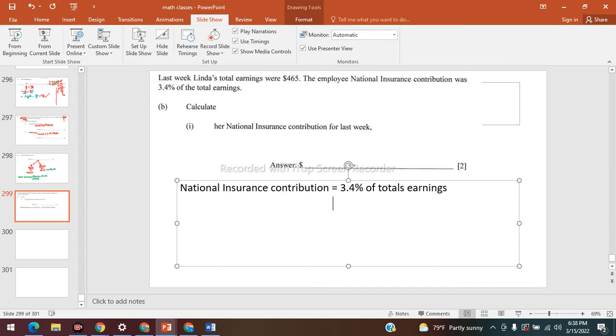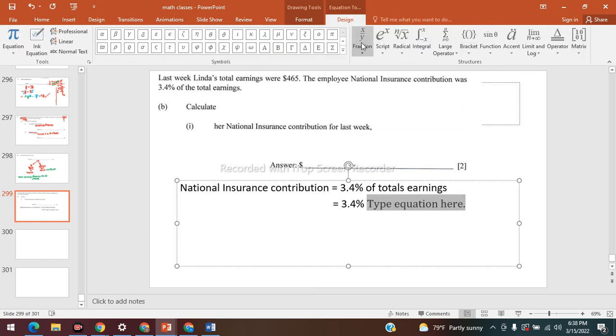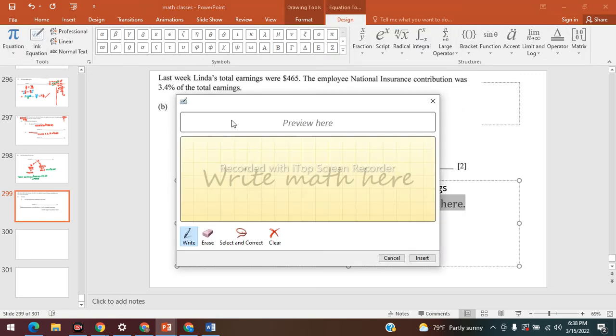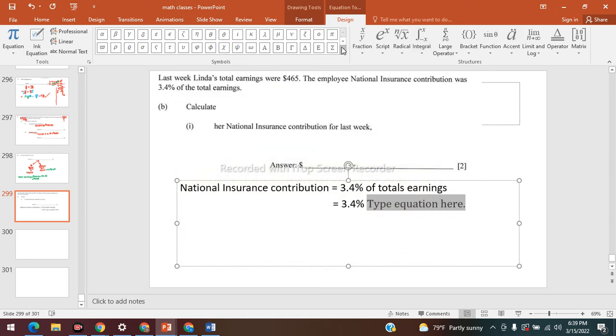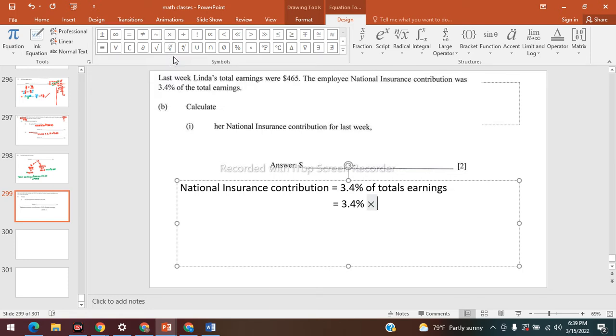So 3.4%, we know that "of" means multiply. So it's going to be 3.4% times her total earnings, which was 465.